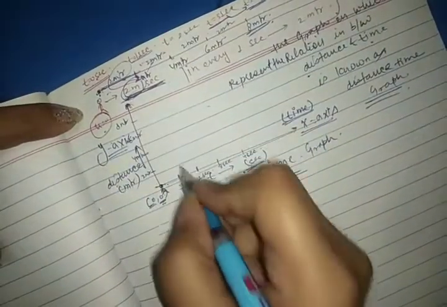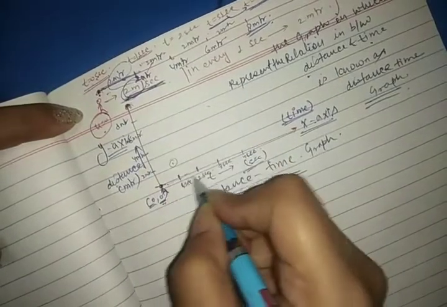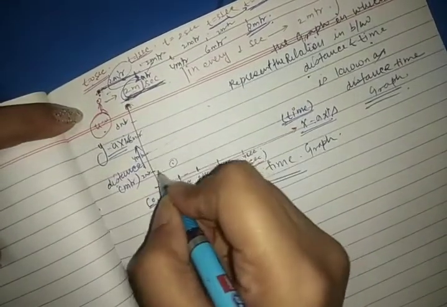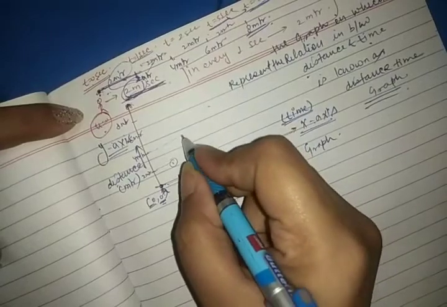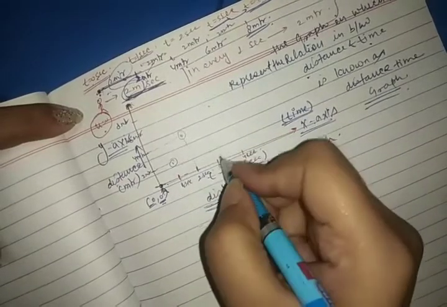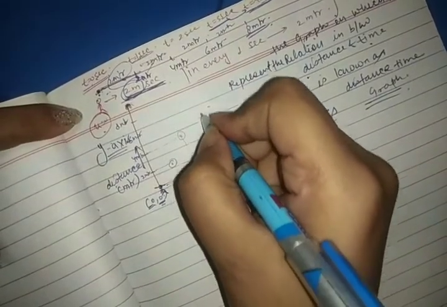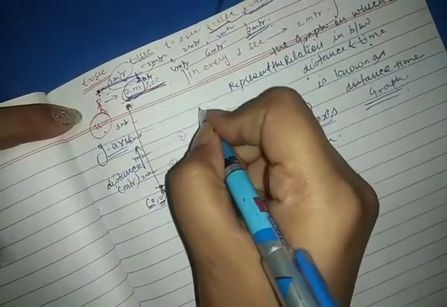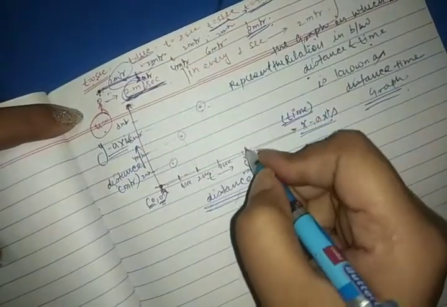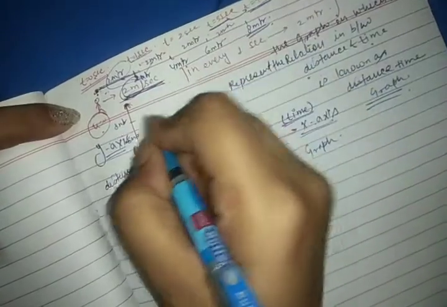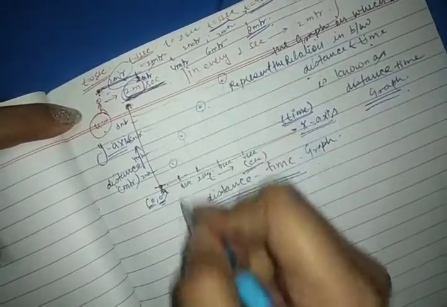So for 1 second you travel 2 meter, for 2 second you travel 4 meter, for 3 second or at 3 second you travel 6 meter, like this. And at the 4 second, t equal to 4 second, you travel 8 meter, like this, right?